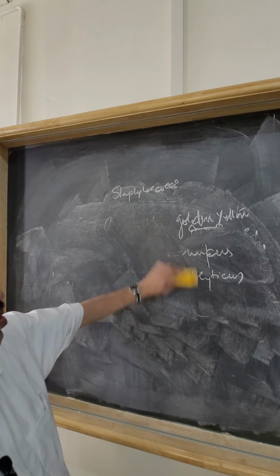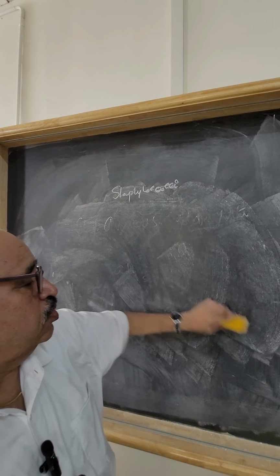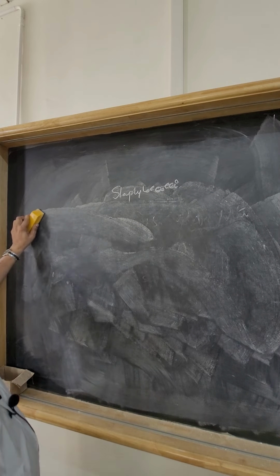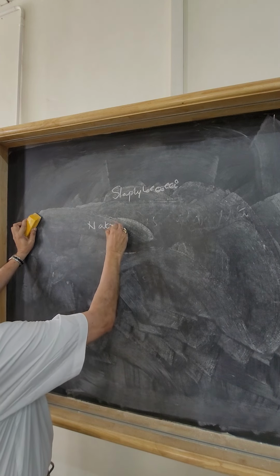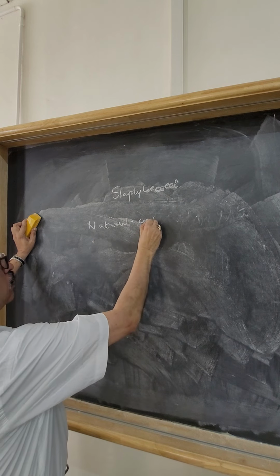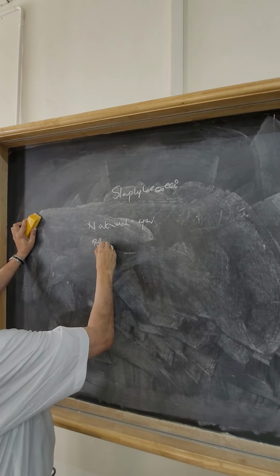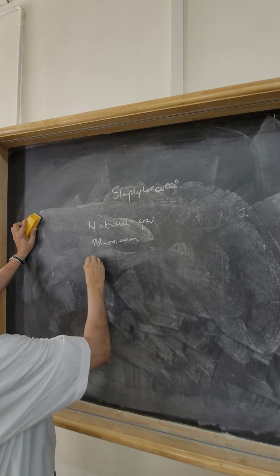Okay. Now moving on to culture. They are non-fastidious organisms. They can grow on nutrient agar, blood agar, milk salt agar.